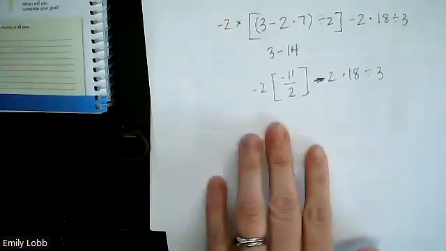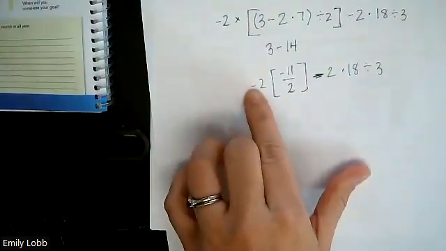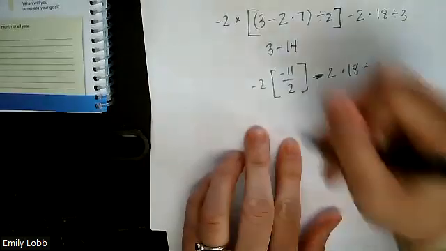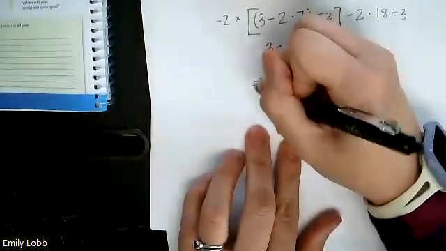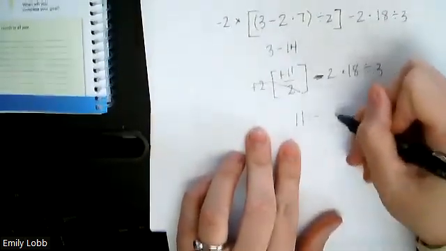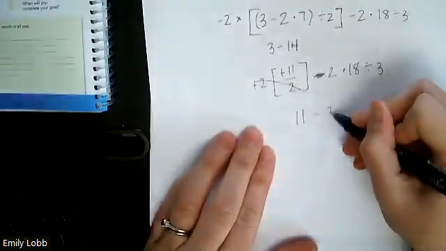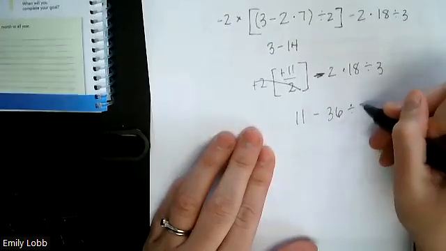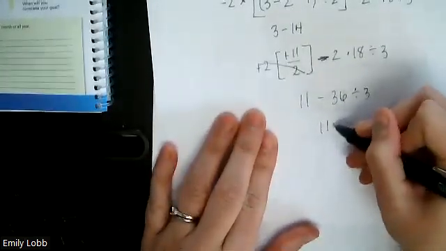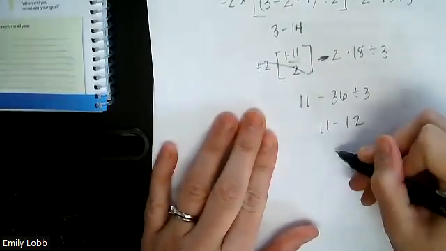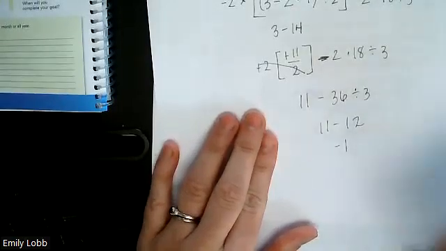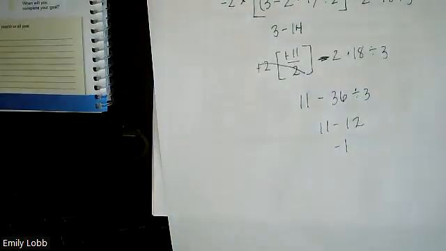All right, so now we have to multiply. If we multiply this by 2, it's just canceling out. And that becomes positive 11. What's 2 times 18? 36 divided by 3. There's a reason it was a bonus, right?